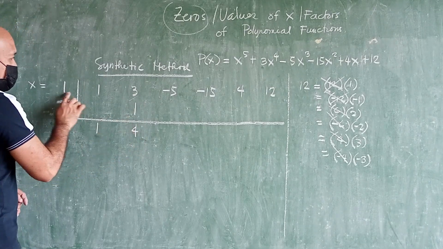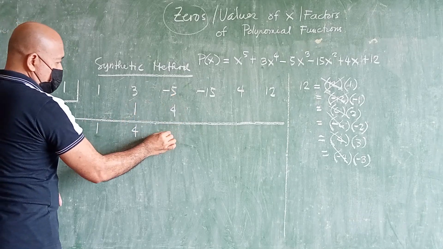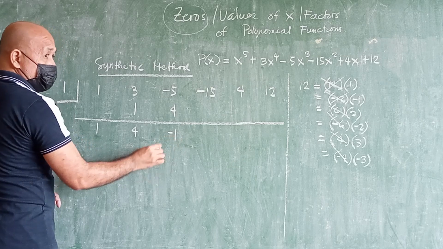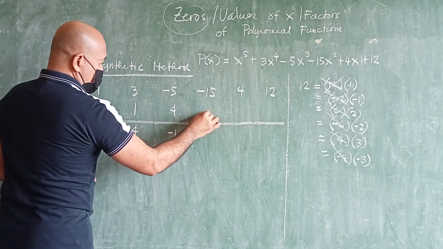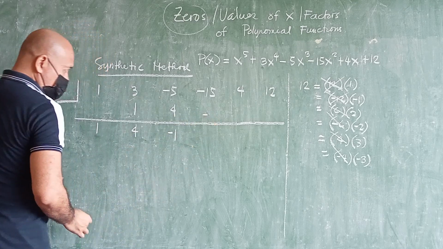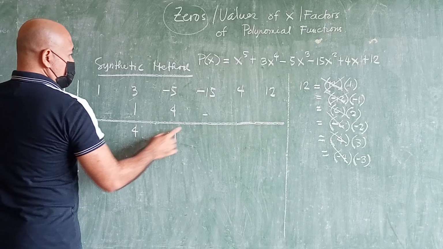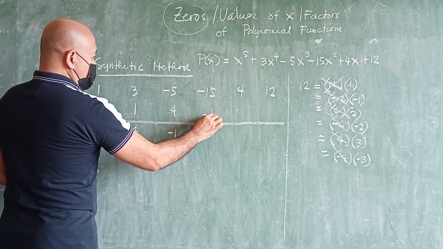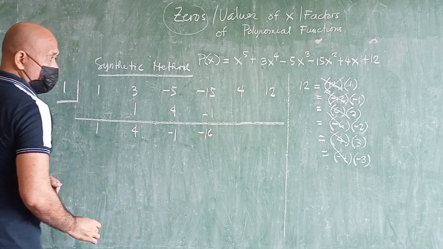That is 4 times 1 is 4. And then add these 2. The result is negative 1. Multiply negative 1 and positive 1. This will be negative 1. And try to add, this will be negative 16.